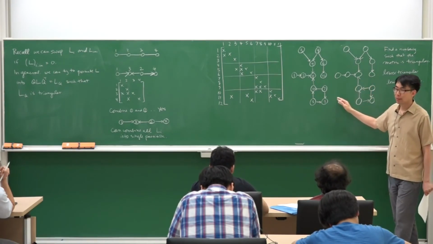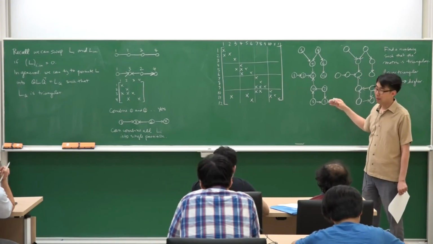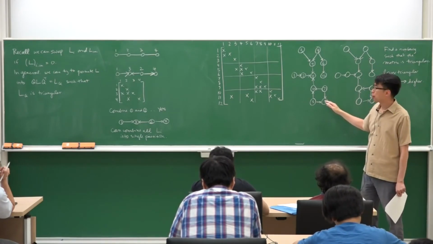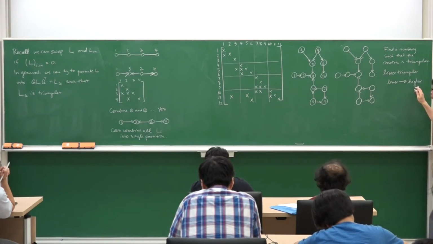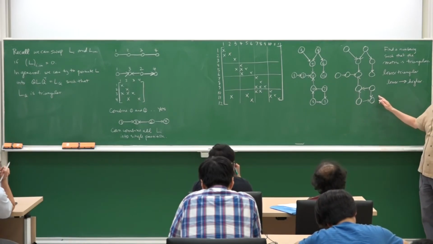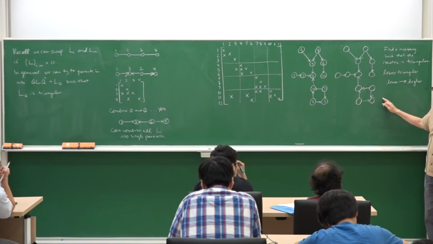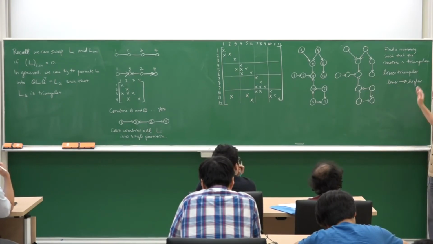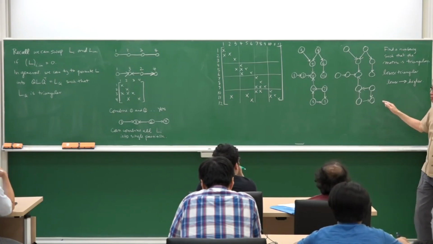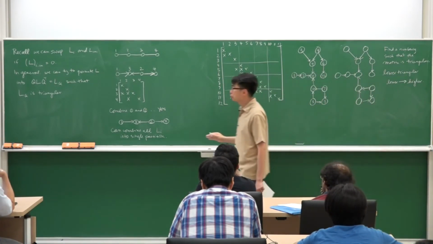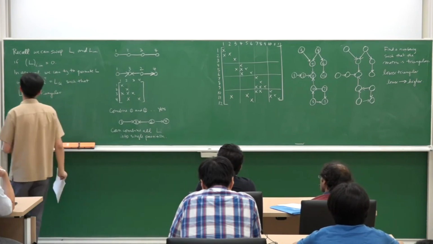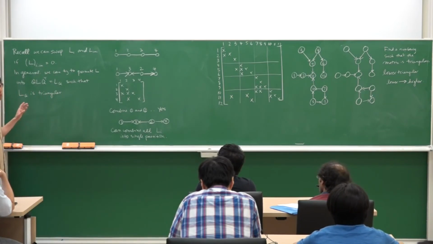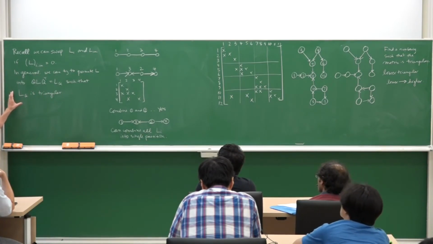But the numbering is not unique. There's not only one numbering for which this will be satisfied. You can find another numbering such that this is lower triangular. And in particular, you want to find a numbering such that you might be able to reduce the number of partitions you need in this partition inverse method.